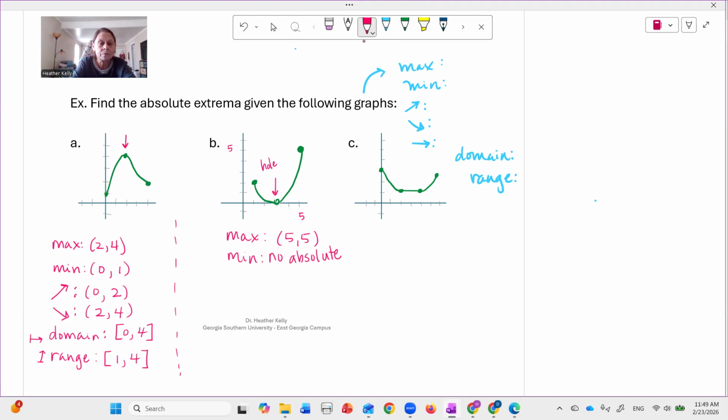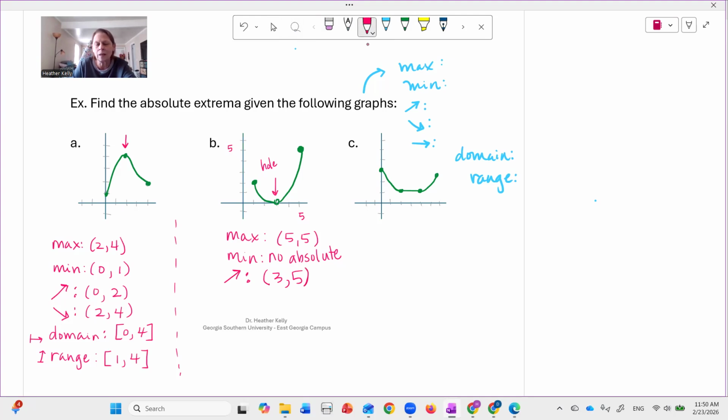All right. Let's look at our increasing intervals, and our increasing intervals start at 3 and go to 5, open parenthesis, because, yeah. And actually, you guys let me know.